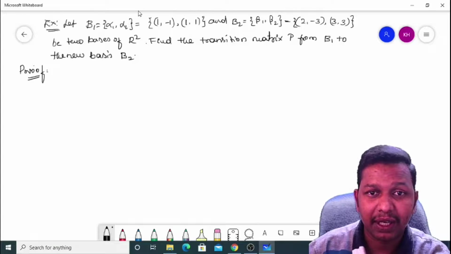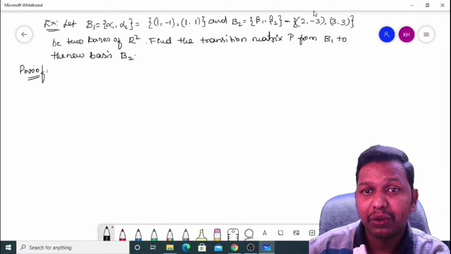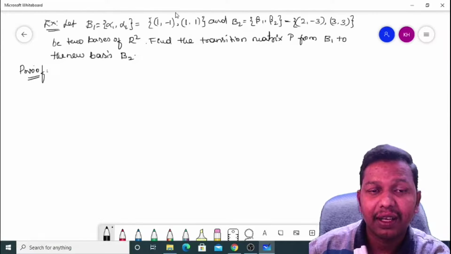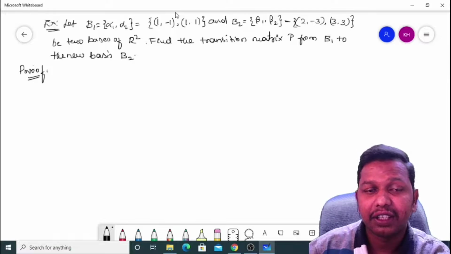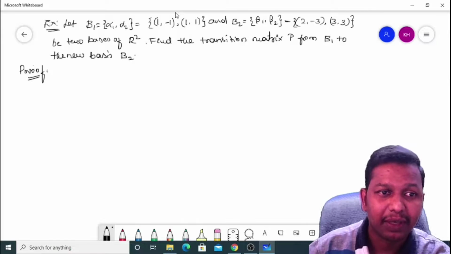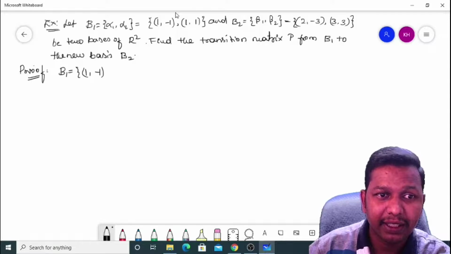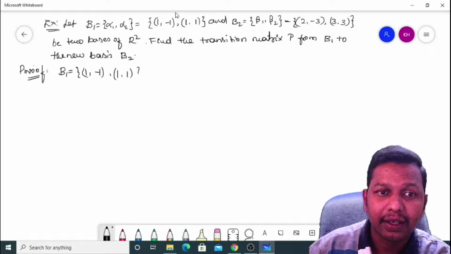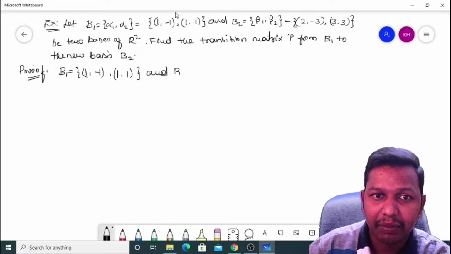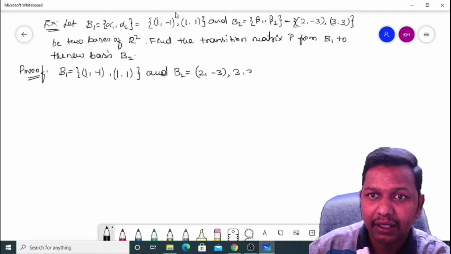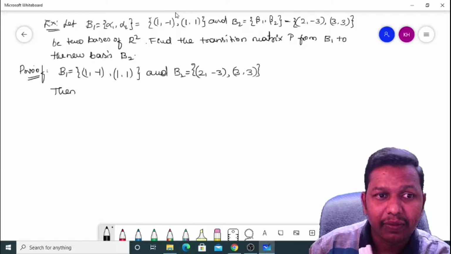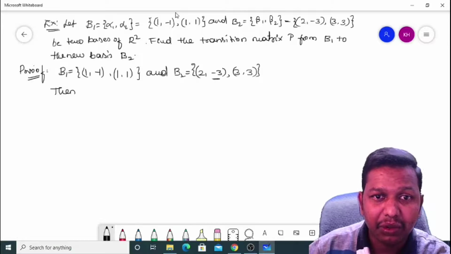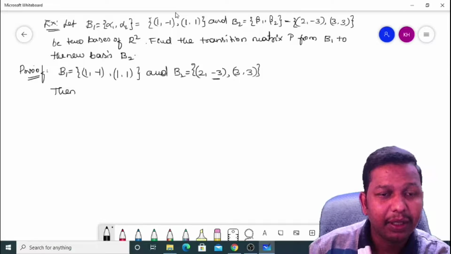To get the coefficient matrix, we need to express the elements in B2 as a linear combination of the elements of B1. Okay, so I take B1, they have given (1, minus 1), (1, 1), and B2 equals (2, minus 3), (3, 3). Then we have to express the elements of B2 in terms of a linear combination of B1.